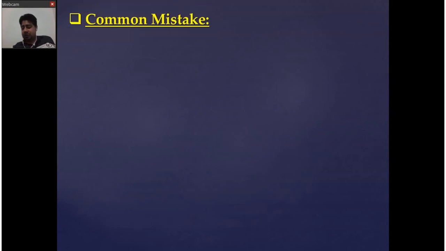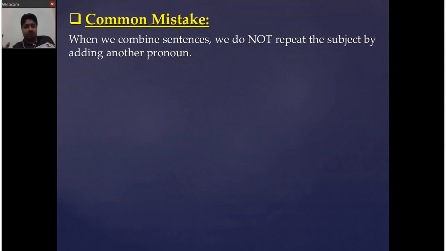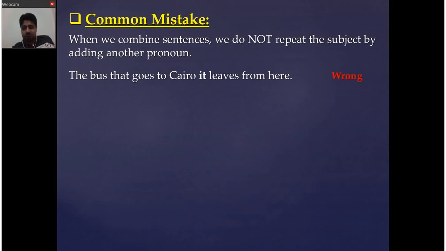Two, let me talk about the common mistake that I told you about a minute ago. When we combine sentences, we do not repeat the subject. Never do that. Alright? So instead of saying the bus that goes to Cairo, it leaves from here, which is completely wrong, the correct way of saying it is the bus that goes to Cairo leaves from here.